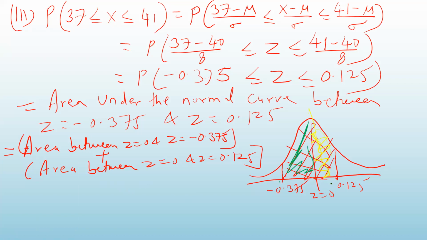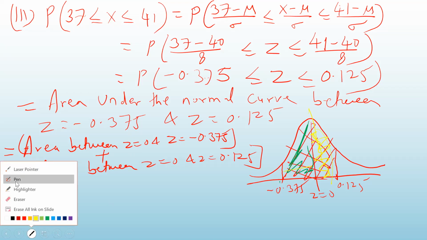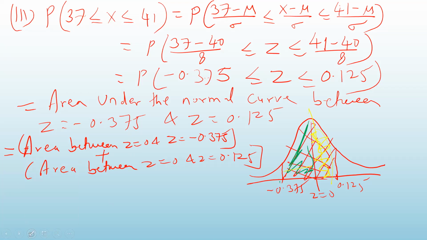If I find this area and add them, I'll get the area from minus 0.375 to 0.125. Why have I done this? Because in my normal table, I am only given the areas from z equal to 0 to a positive number. Directly you will not be given. You are given only the areas from 0.